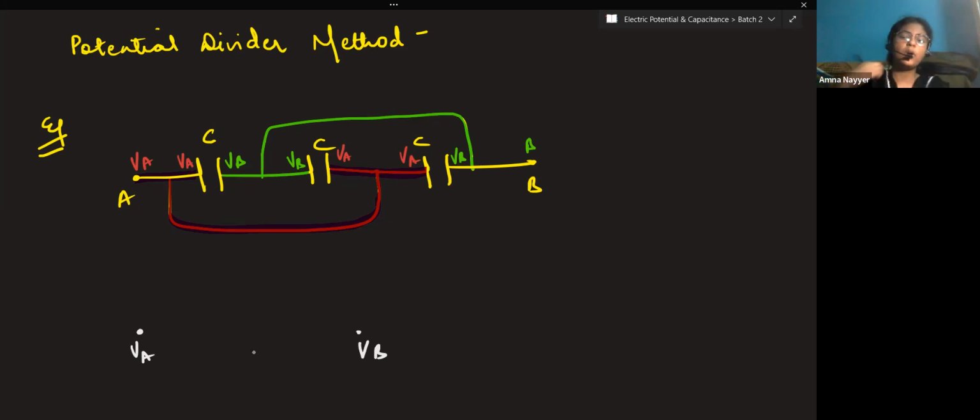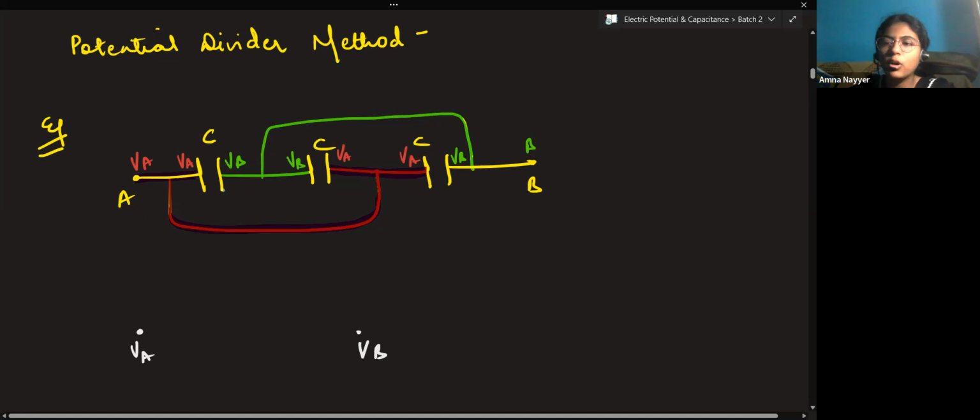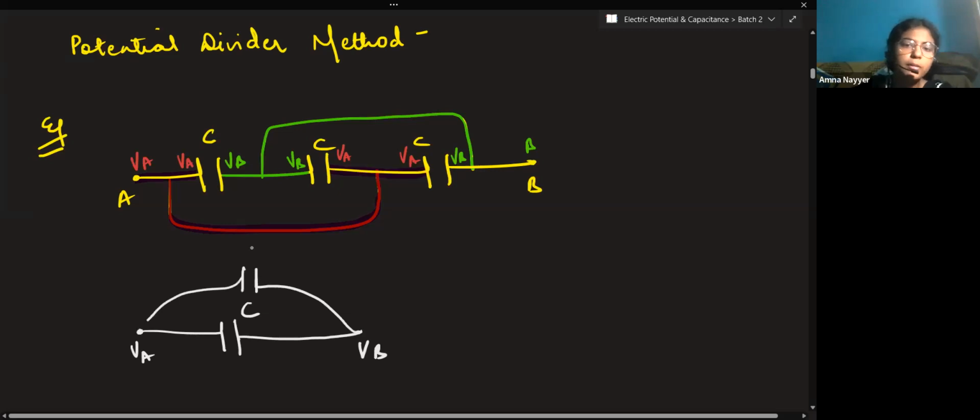For example, the first capacitor is coming between VA and VB. Put it. Look at the second one. It is coming between VB and VA. Add it between VB and VA. See the last one. This is also coming between VA and VB.